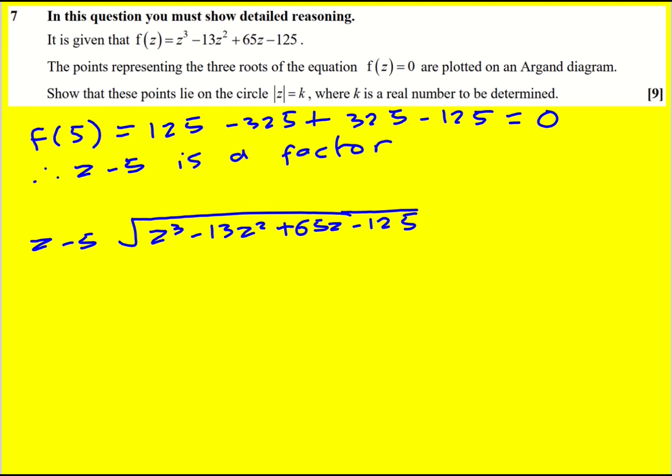I normally do it in a different color. Z cubed minus 5z squared. Subtract. Bring this one down. Repeat. Minus 8z.